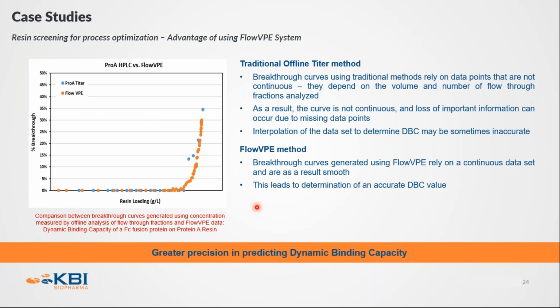So to get an accurate representation, it is important that we use the most representative stream instead of a pure protein stream, because it is definitely going to have an impact on your DBC. I hope that answers it.